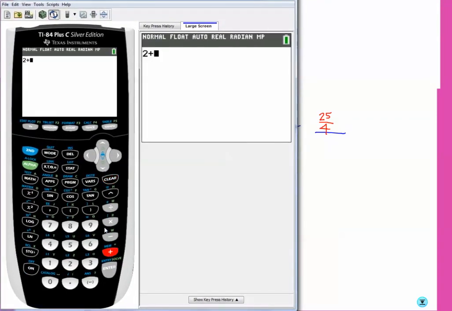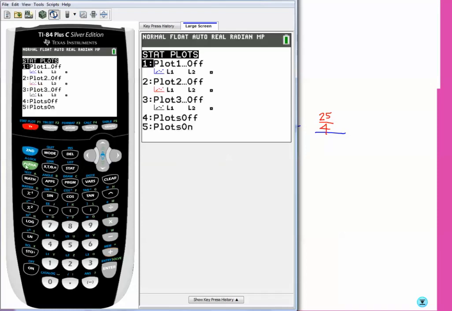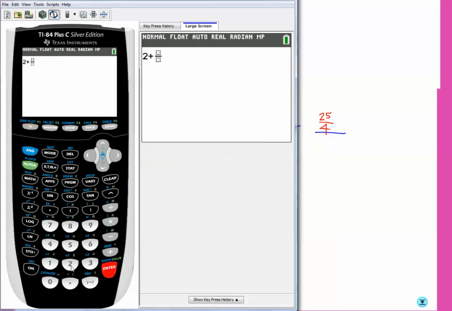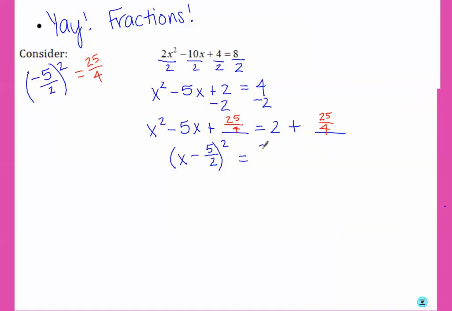The nicest way to get the flat fractions is alpha y equals, enter, 25 over 4. And by doing it that way, when you push enter, it automatically puts it in a fraction for you. So we'll have equals 33 over 4.